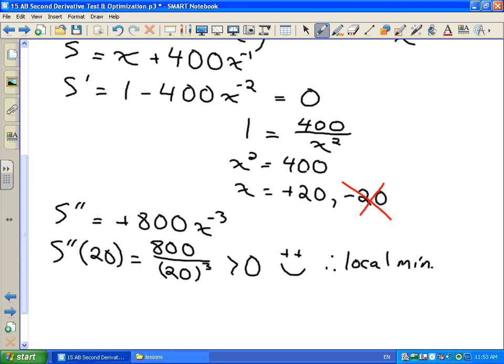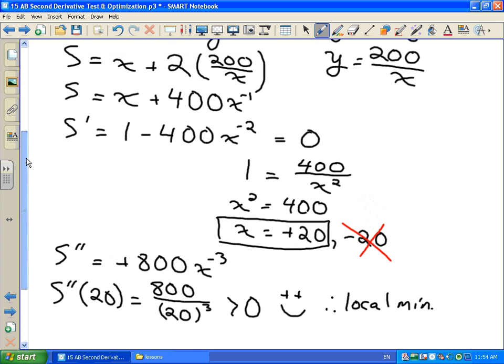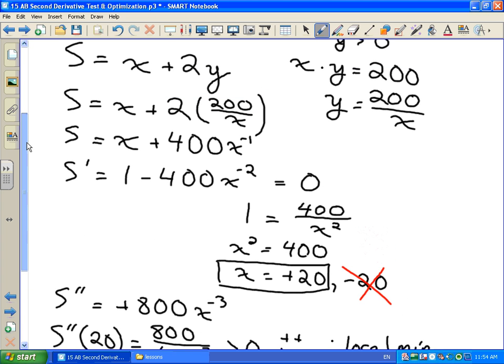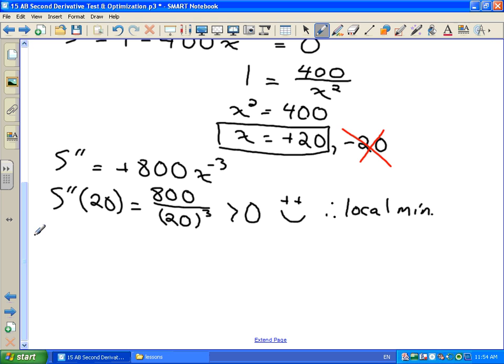Okay? But I found what I was looking for, so I just need to make sure that I answer the original question here. So I want to find two positive numbers. I've got one of my numbers, x. I just need the other one. So let's see, how are x and y related? Oh, y is 200 divided by x.